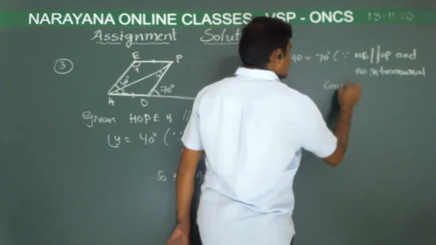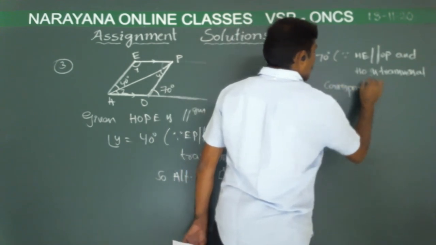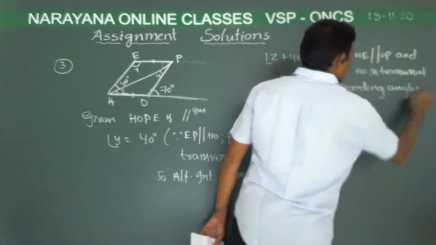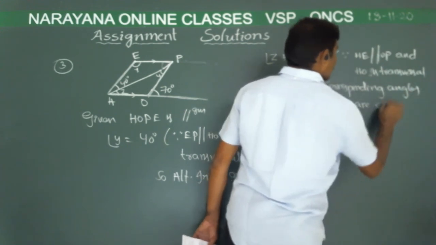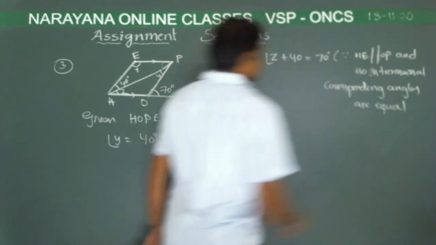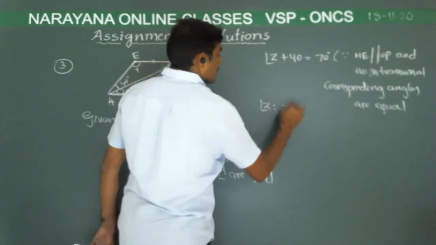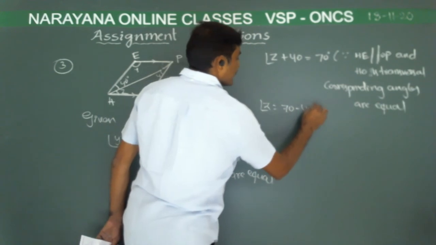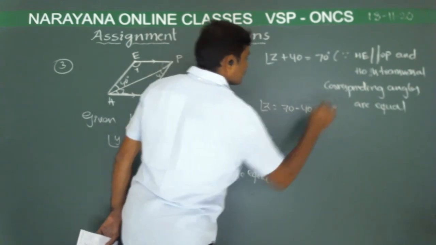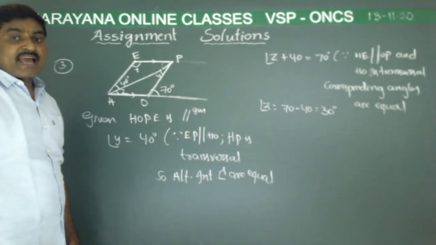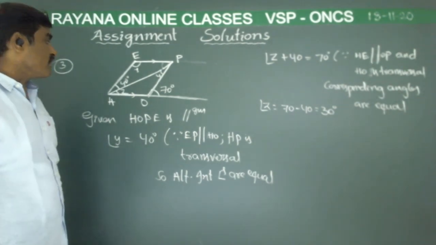Corresponding angles are equal. By this reason, angle Z is equal to 70 minus 40, which is 30 degrees. So I got angle Z as 30 degrees.